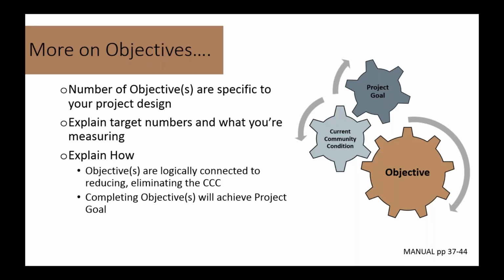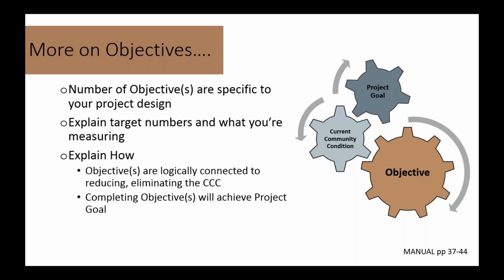Okay, so more on objectives. The number of objectives is specific to your project design. It is possible to have one objective that spans the whole 3 years of your project. That is perfectly acceptable. But you have the option of going up to 3 objectives, because I know that's the limit that ANA has placed on it. You can only have 3 objectives.